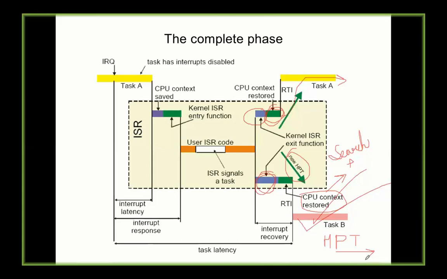Now, if you look at task latency, sometimes they may ask you what you mean by task latency. So task latency is equal to interrupt response plus the user ISR, the time taken for you to execute the user ISR, plus interrupt recovery.